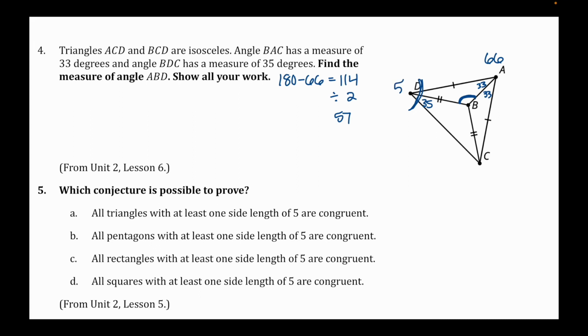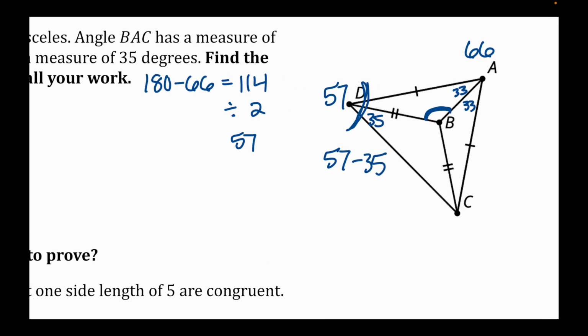So D should be 57, but I just need part, so we're going to do 57 minus the 35. That would give me that this little piece here is 22. And now I can just use the idea that an entire triangle adds up to 180 with x degrees, 22 degrees, and 33.